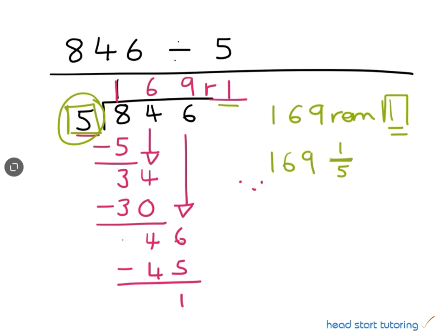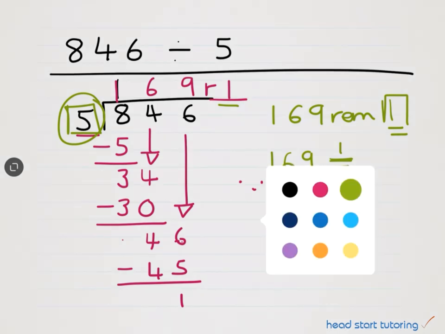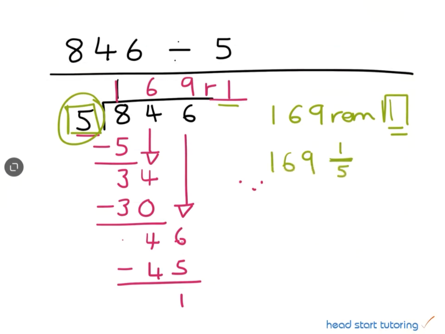And let's just do this division again, but we'll do the short division version, and I would like to show you how you can use decimals in your answer. So if you weren't using remainders, you can then use a decimal.